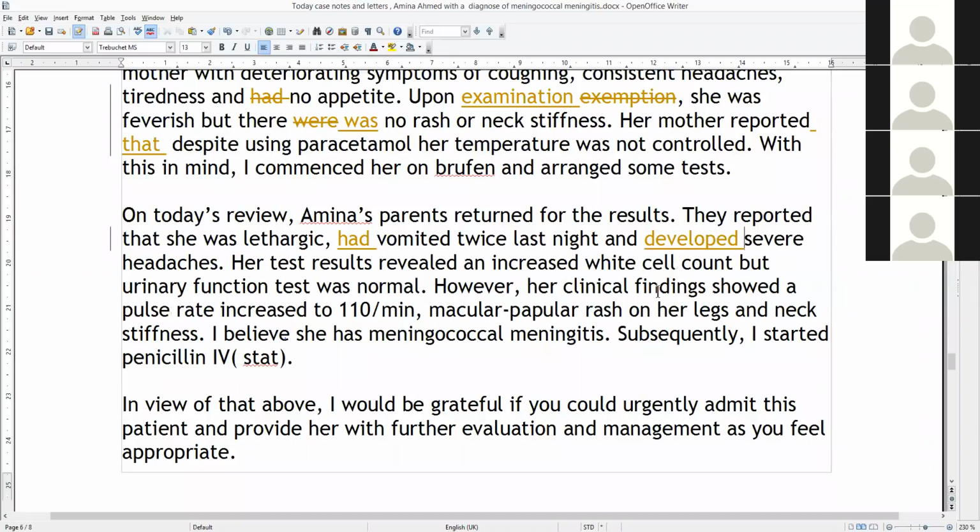Either one of those verbs, you could probably use several verbs. Increased white cell count, but urinary function test or her urinary function test was normal.